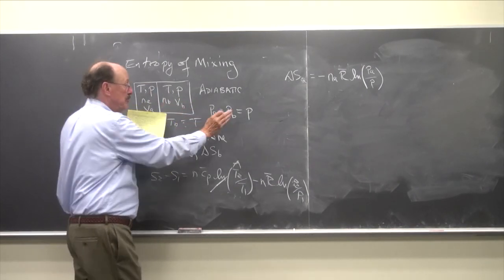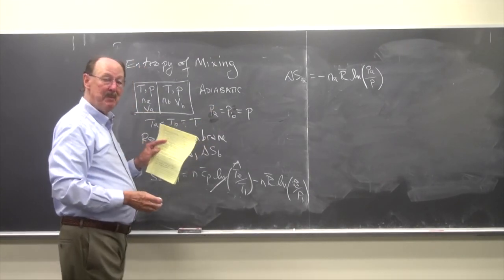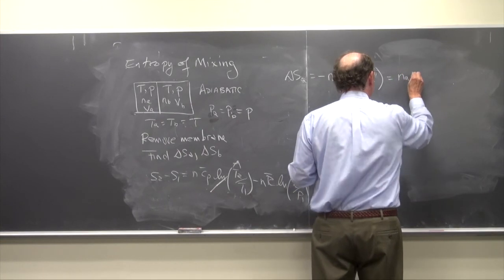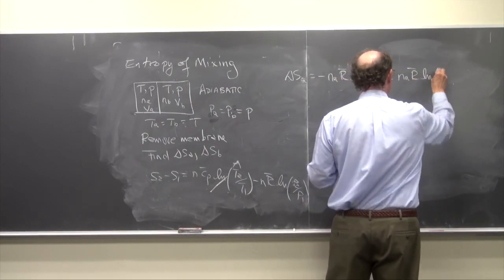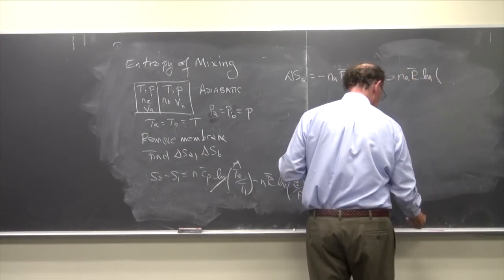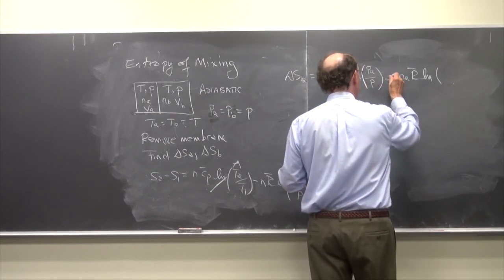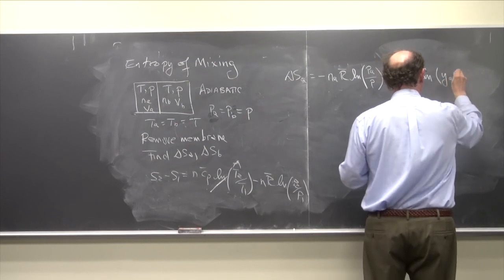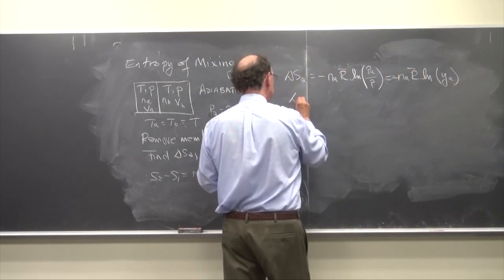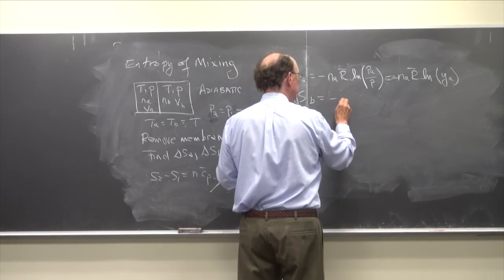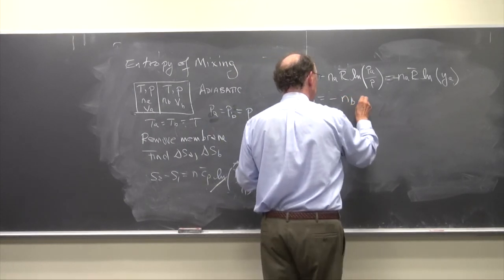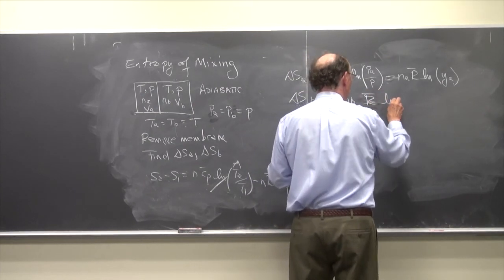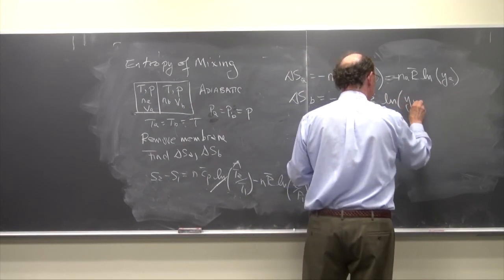The total pressure P is made up of PA and PB. So this is equal to minus Na R bar times the log of Ya. And delta S B is minus Nb R bar times the log of Yb.